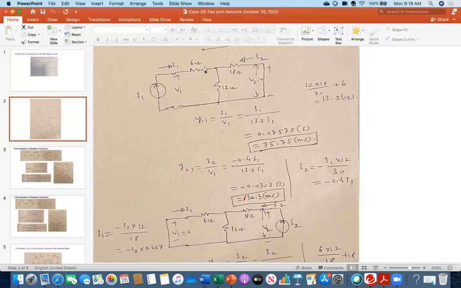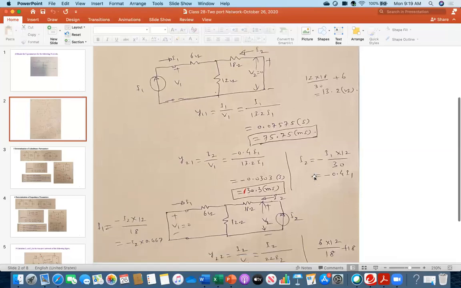So if you apply the current divider rule here, where I1 is the total current, you find how much is flowing through 18 ohm, and that will be your I2. You just need to give a minus sign because I2 is in this direction, but I1 is coming in this direction.